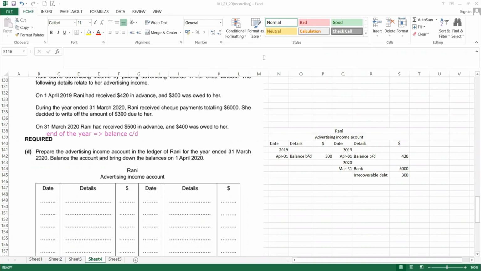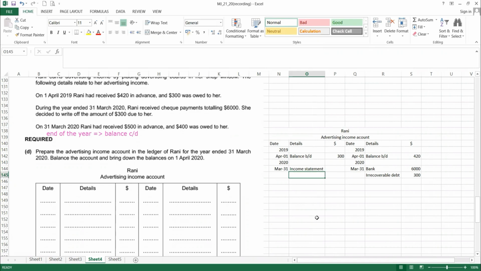When at the end of the year there is a balance carried out, received in advance, it will be sitting in here. But we cannot put it here. We leave one empty row. Why? Because this is an income account. You must have the income statement to write it in the debit side. So we draft this income statement first because we don't know how much it is.